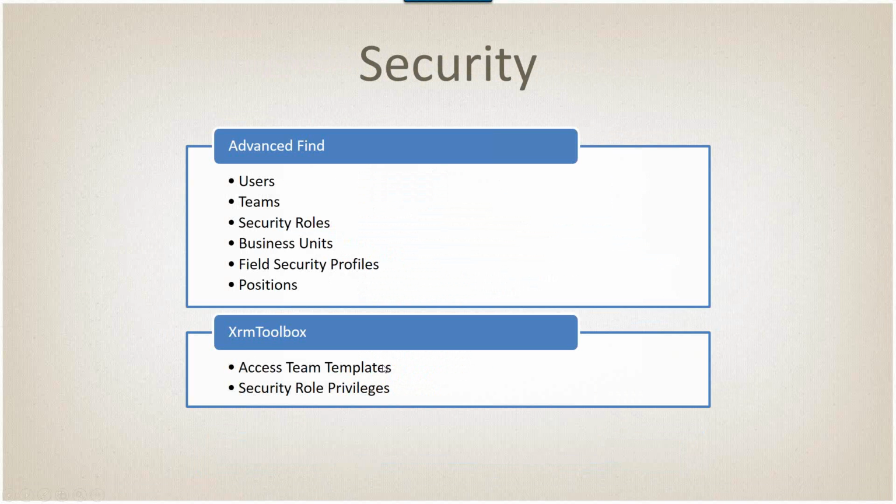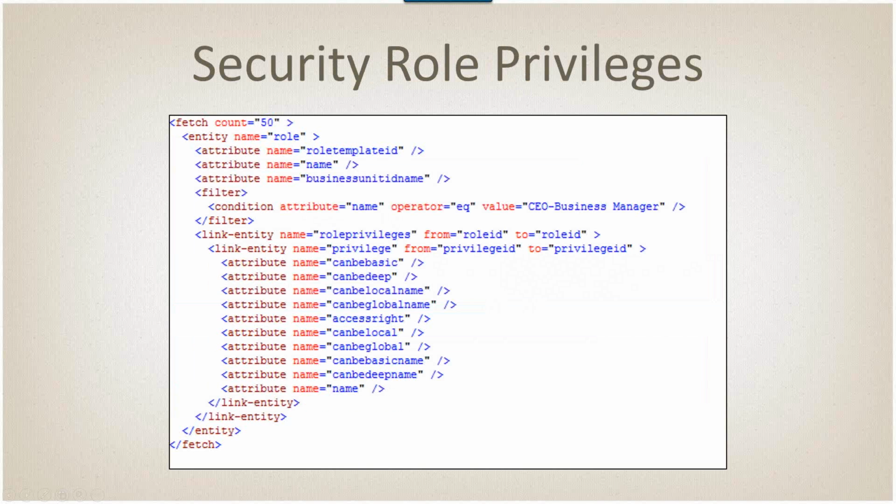Access team templates will be just like doing the user settings or the system settings. You just pick the access team template, select the fields you want, and get the data out of that. Security role privileges are a little bit different. To get to the privileges themselves, you have to link together 3 different entities.